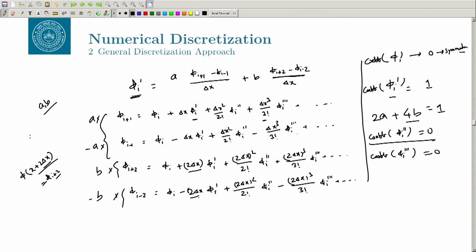This is a and a, so that will be 2a by factorial 3, and then plus b and b, so 2 cube is 8, 2 into 8b by factorial 3 is equal to 0.